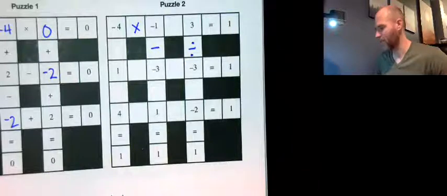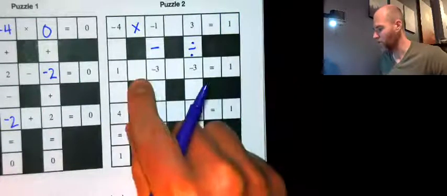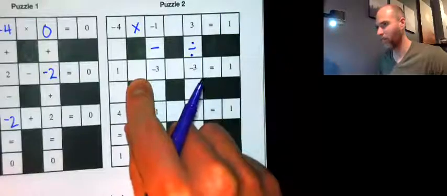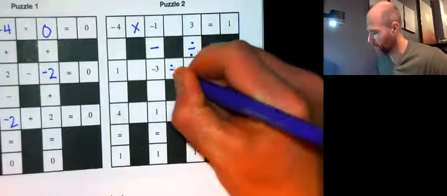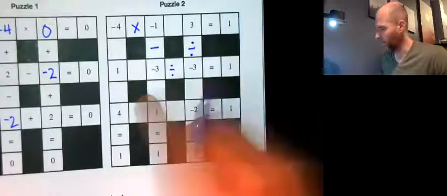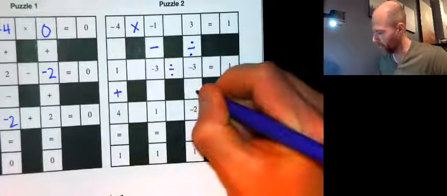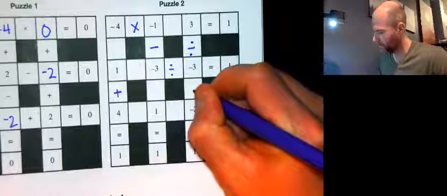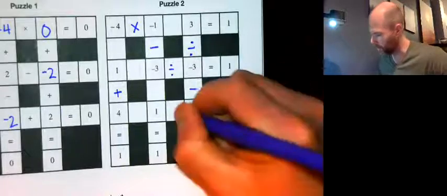I feel like I'm gonna mess this up. Oh, no, I didn't. All right, so in this row, I'll give you that this right here is a division. In this row right here, I'll give you that this is plus and this is minus. And in the last row, I'll tell you that that's a plus.